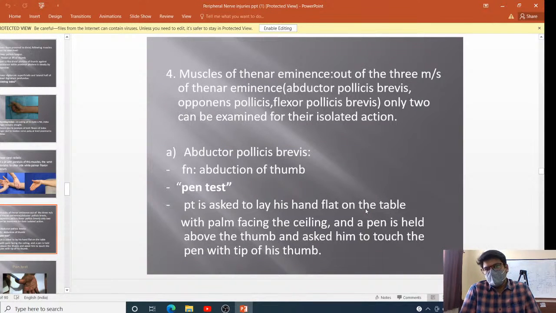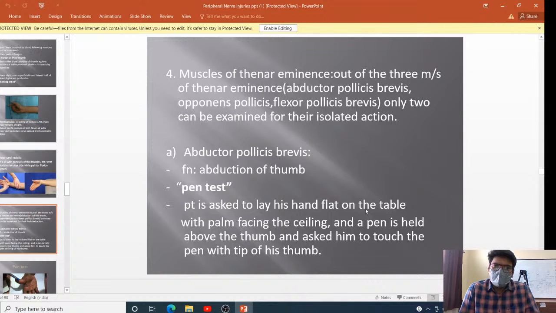Muscles of the thenar eminence: there is some wasting of the muscles of the thenar eminence. And next, abductor pollicis brevis, the pen test.